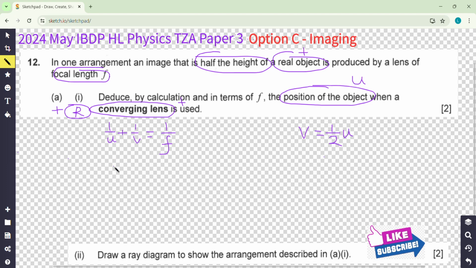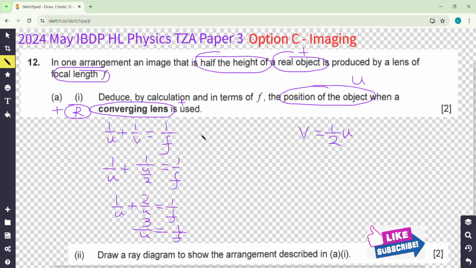So very straightforward. 1 over u plus 1 over (u over 2) equals 1 over f. So flip it up: 1 over u plus 2 over u equals 1 over f.